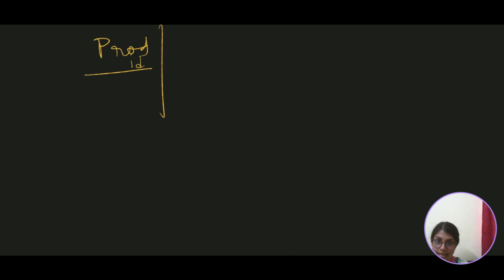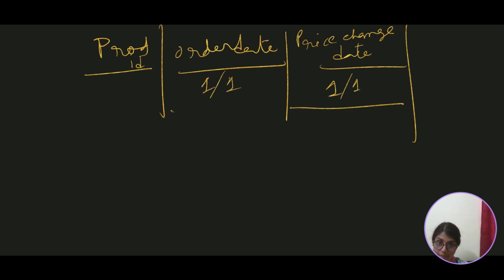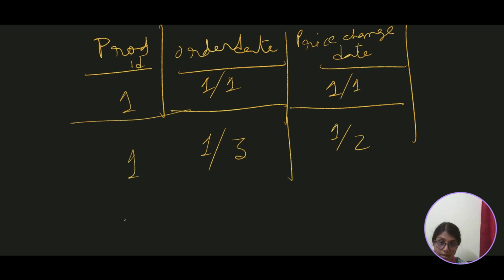Let's say I have a product ID, an order date, and then there's the price change date as well. So I would have to take the most recent price change date. If order date is 1/1 and price change date is 1/1, I'll take this one. But if order date is 1/3 and the most recent price change date is 1/2, then I'll have to take that one. Product ID is 1, let's say.